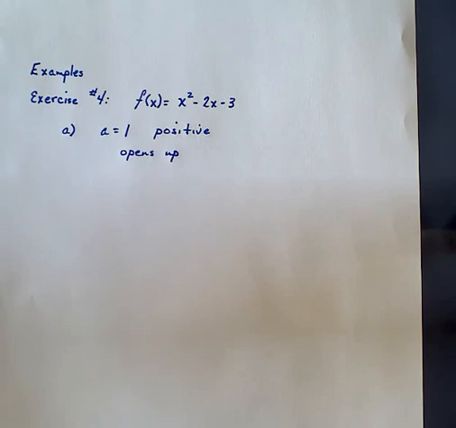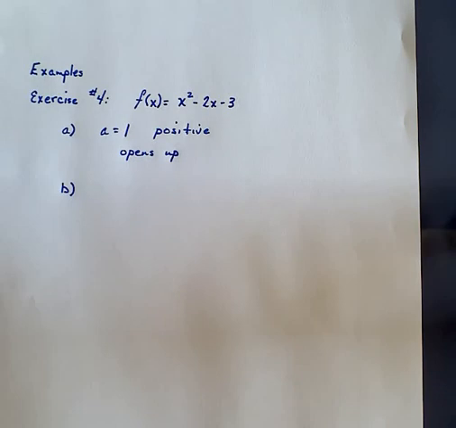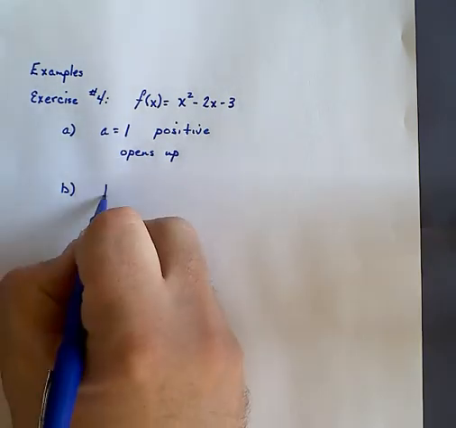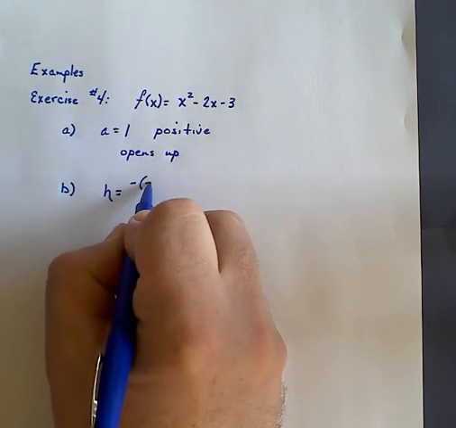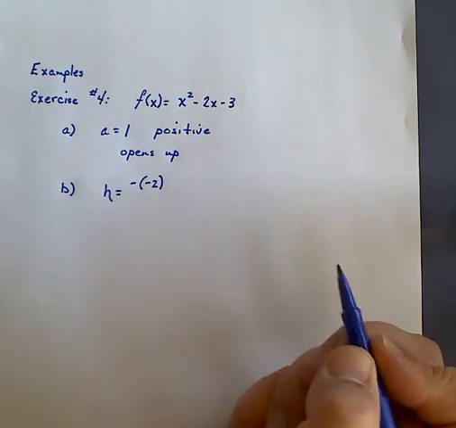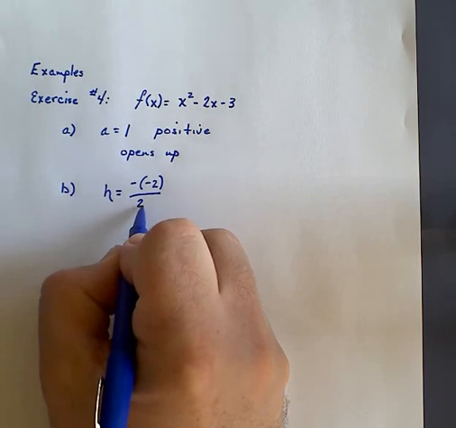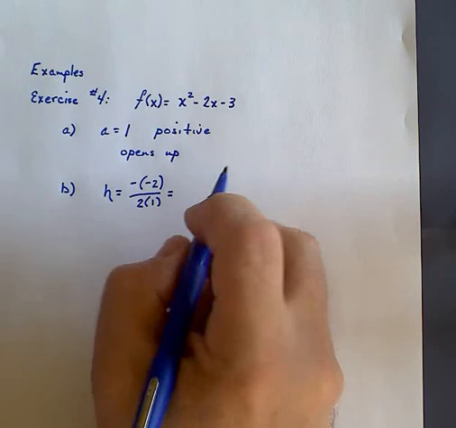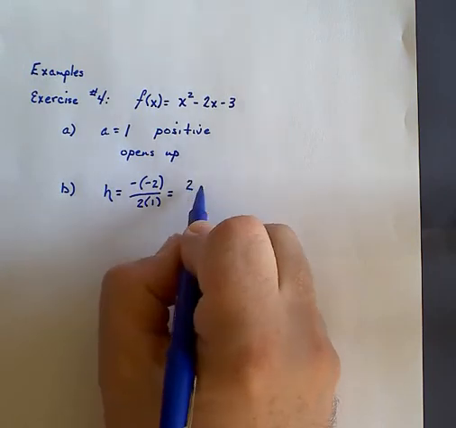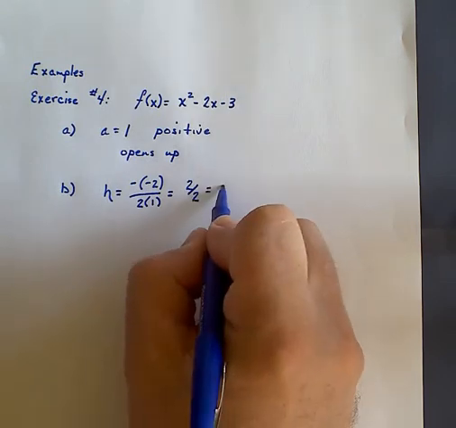Part B: we're trying to find the vertex. We know that h equals negative b, and b appears to be negative 2, divided by 2a. So positive 2 on top, positive 2 on the bottom. That reduces to 1.